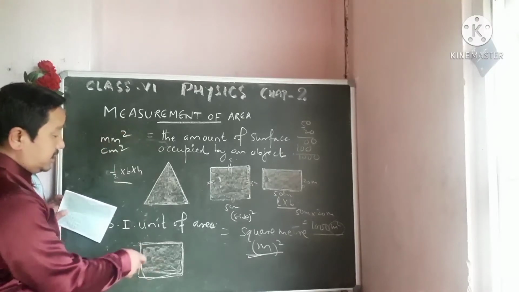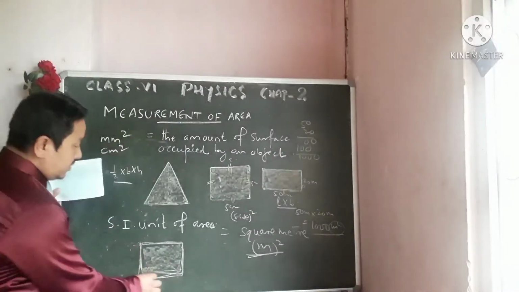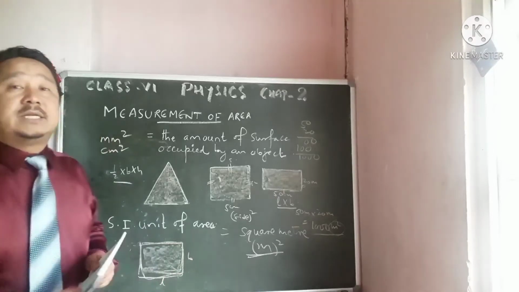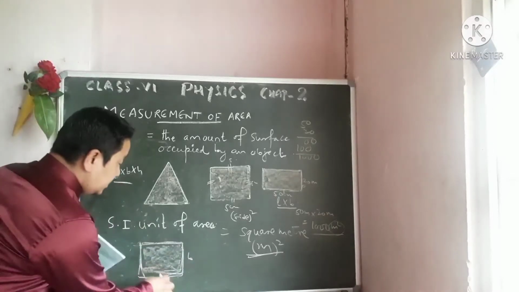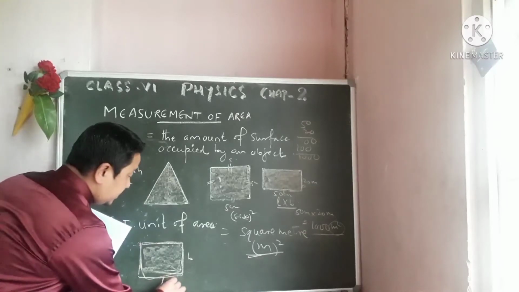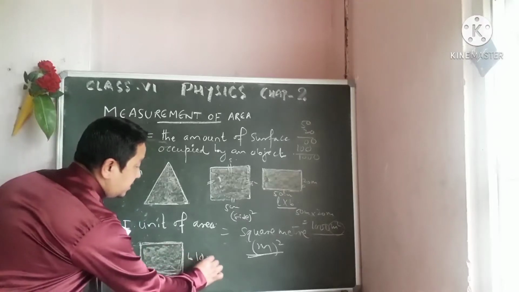Suppose the area of this paper is to be measured. So we measure this side, length and breadth, in centimeter. Let us say this side is 20 centimeter. The other side, let us say, is 10 centimeter.